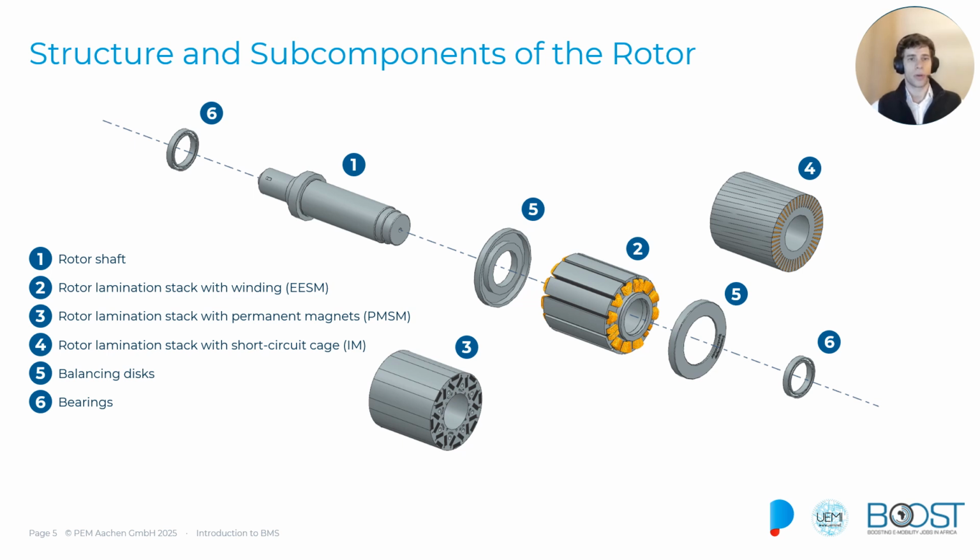If we take a look at the rotor in detail, we notice that the shaft, the bearing system, and some kind of balancing disc are pretty much the same within all electric motor topologies. What's different is the technology of the rotor lamination stack, also called rotor package, which defines the principle of the different electric motors, because the stator can stay the same.